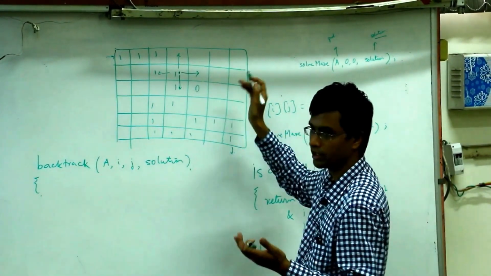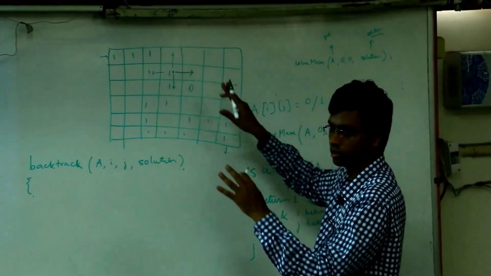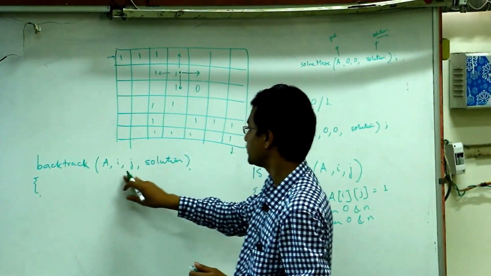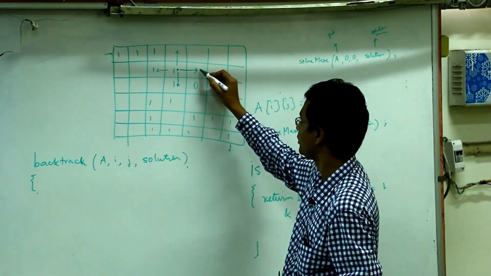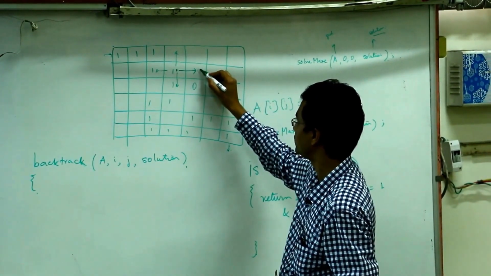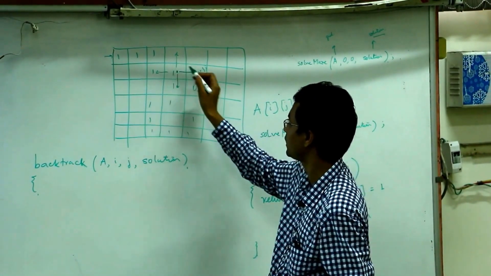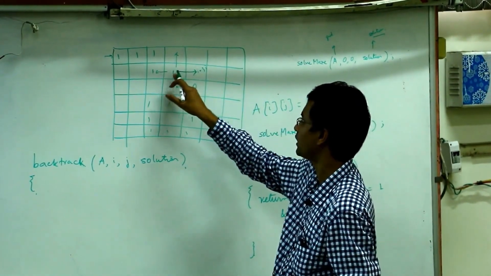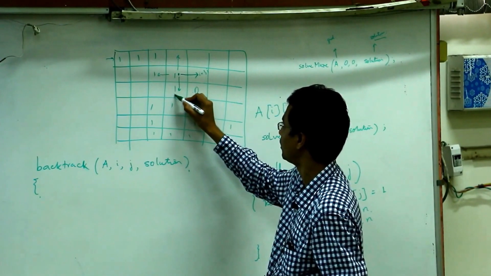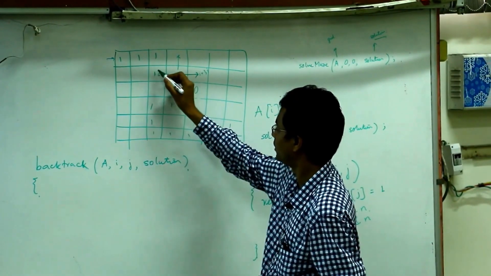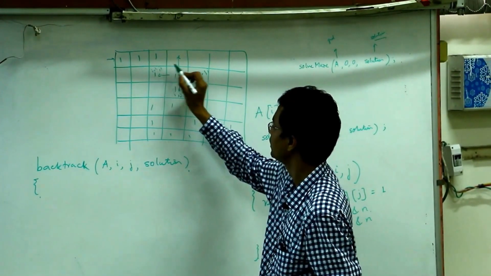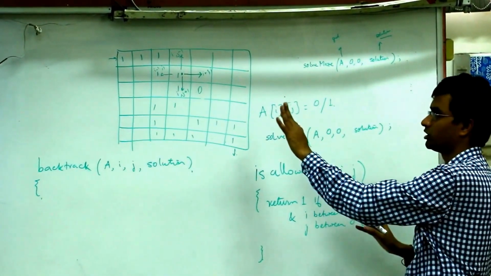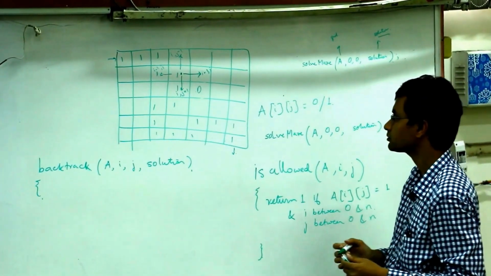Maybe this is the order I choose, and I use this order to make the choices. When I am at cell Ij, first I will try to see if I can go to i plus 1, j. If this is fine, I will proceed on this path. If not, I will come back here and try i minus 1, j, and then ij minus 1. So these are the 4 possible choices which I will make one after another.